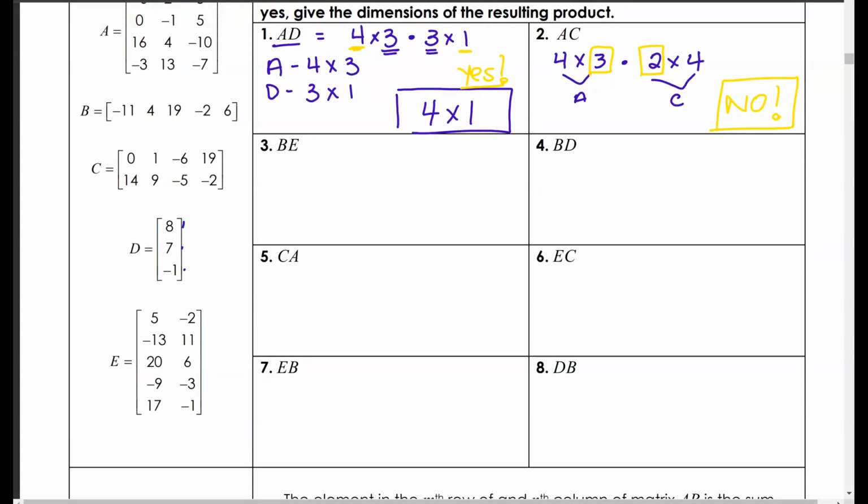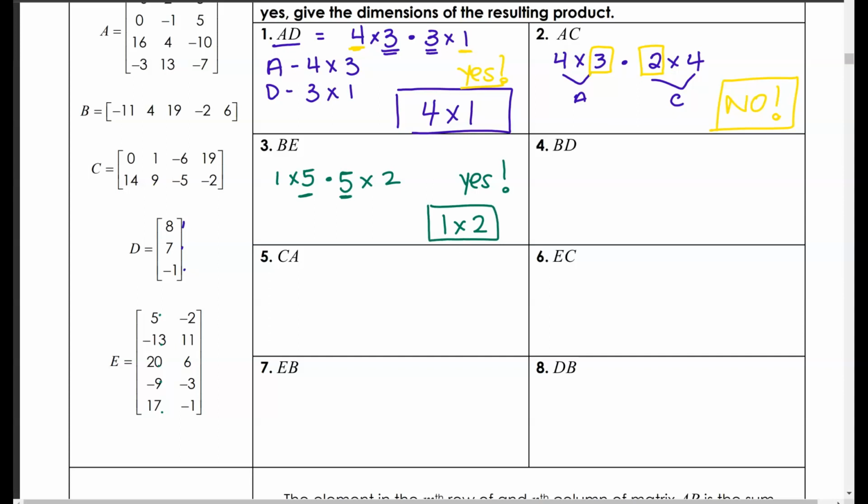All right, let's try a couple of these other ones. BE. B is a 1 by 5, and we're multiplying that by E, which is a 5 by 2. Because these match, we can do the multiplication. So the answer is yes, and we're left with a 1 by 2 matrix.